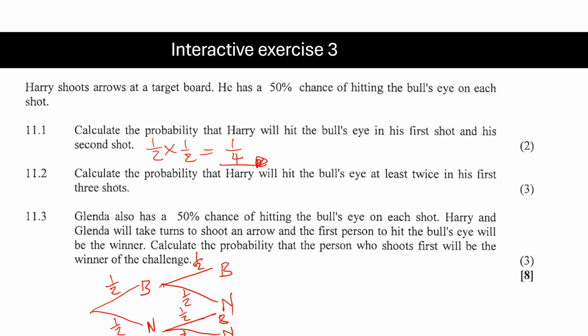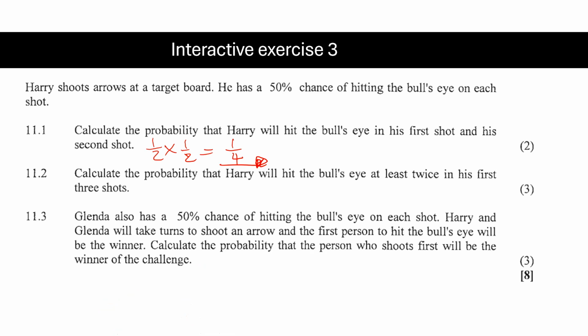Then the next one says calculate the probability that Harry will hit the bullseye at least twice in his first 3 shots. So obviously, guys, we are categorizing this part as the first shot, and this part as the second shot. We do need to get another set of branches for the third shot. Let me just find space to write this because here we don't have much space.